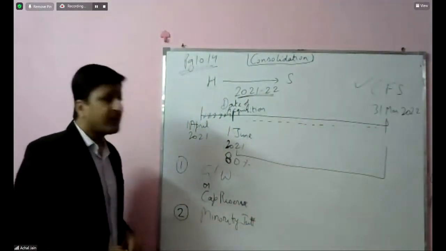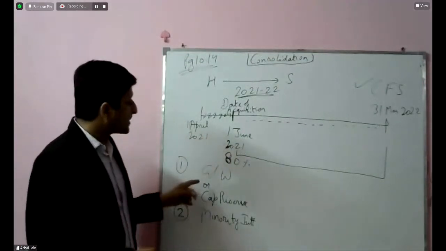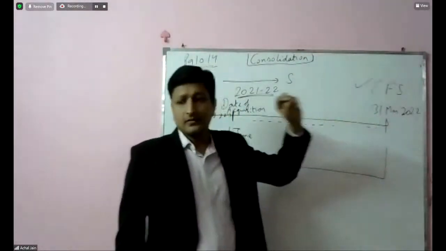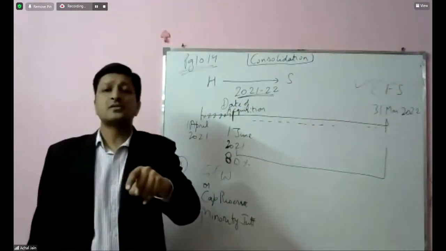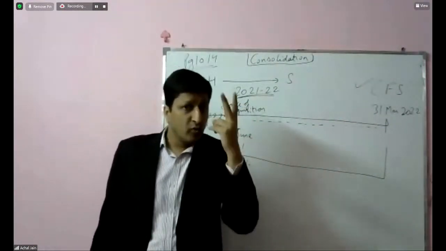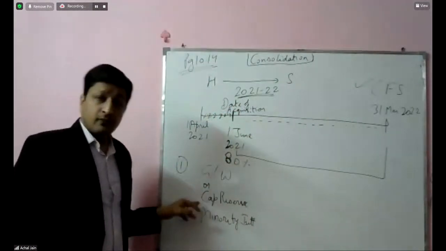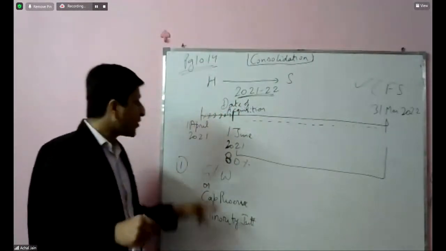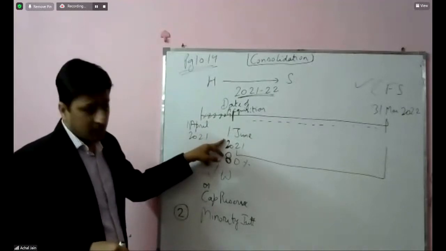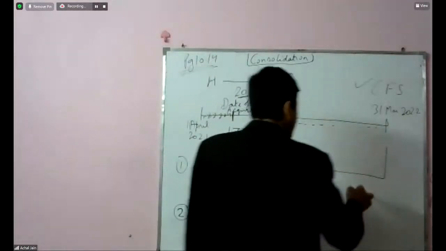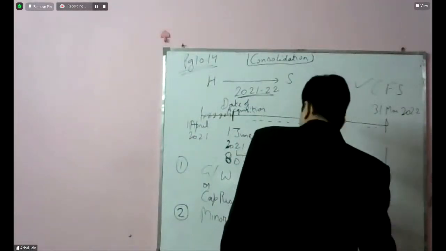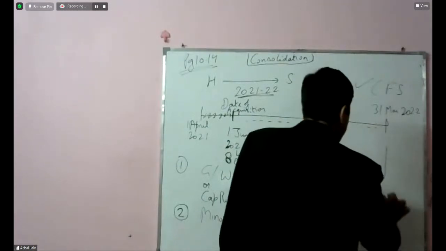Now, what will happen? When you prepare CFS on this date, for the purposes of preparation of CFS, you will require 2 things. These will have to be computed first on this date, and then both of them will have to be remeasured on these dates.